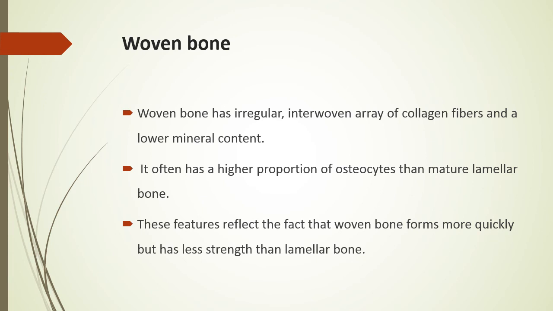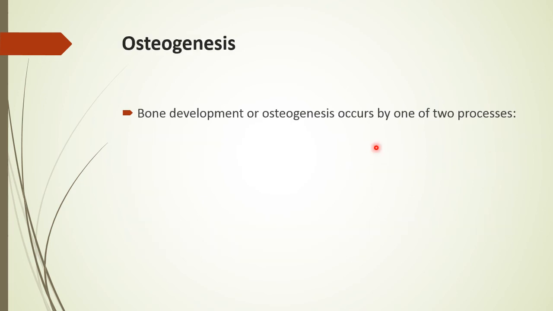Okay, so we have finished the two microscopic types of bones, the lamellar bone and woven bone, lamellar mature bone and woven immature bone. Then we are going to talk about bone development or osteogenesis, how it occurs briefly.